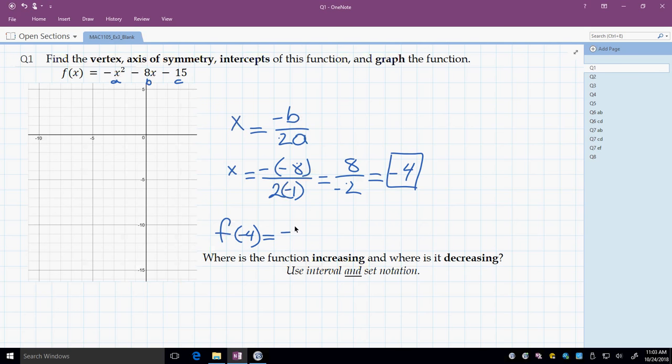So I have a negative, open parentheses, negative 4 raised to the second power, minus 8, open parentheses, negative 4, minus 15. That is just a calculator program.